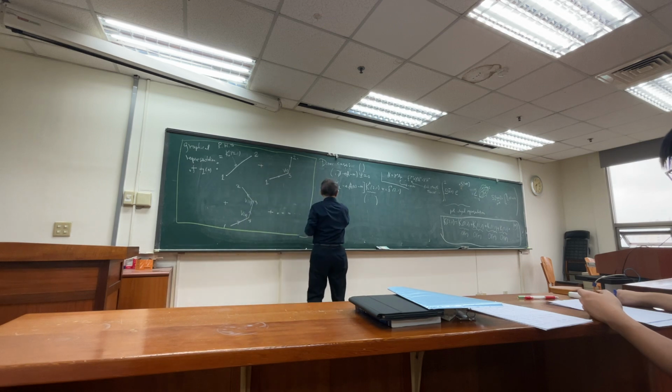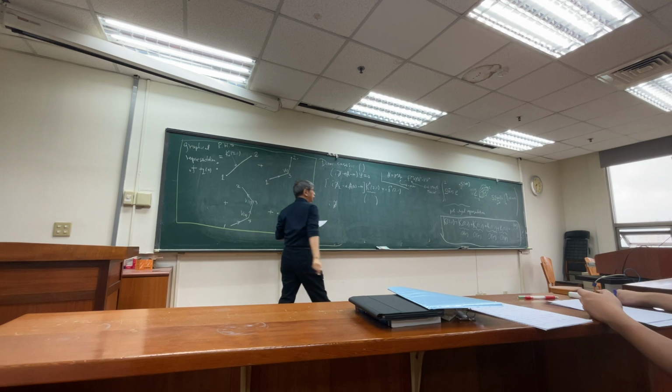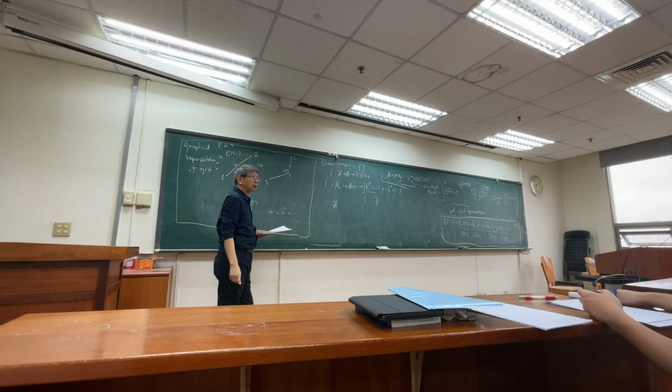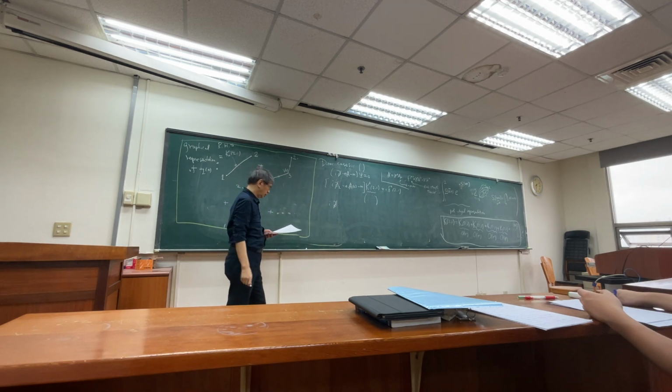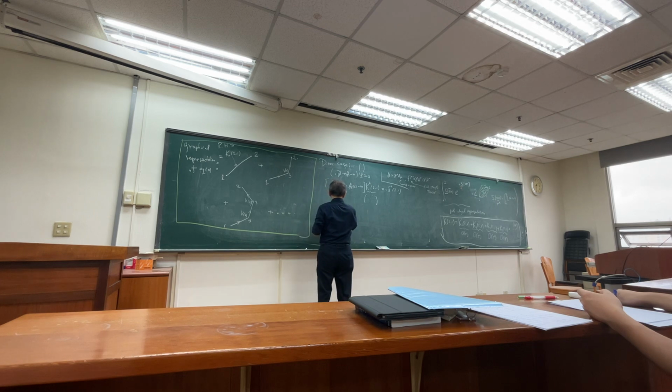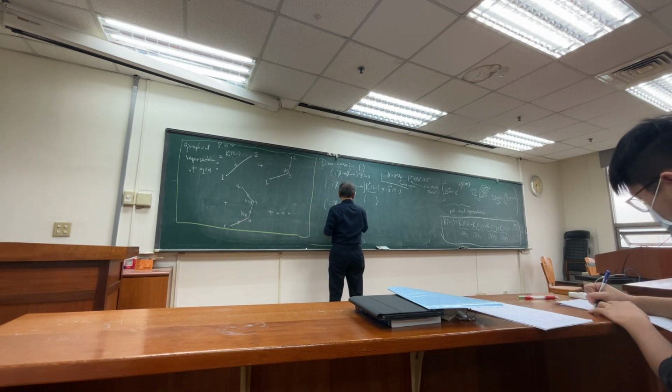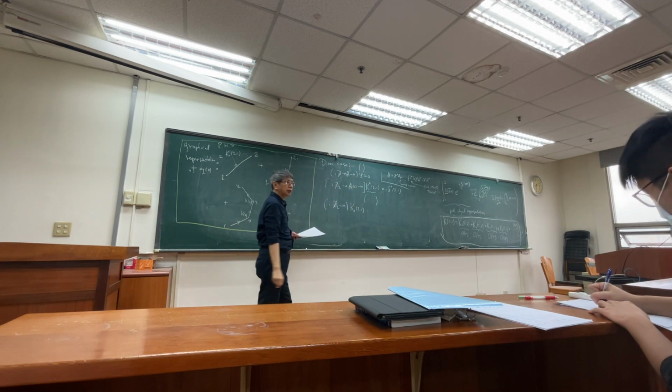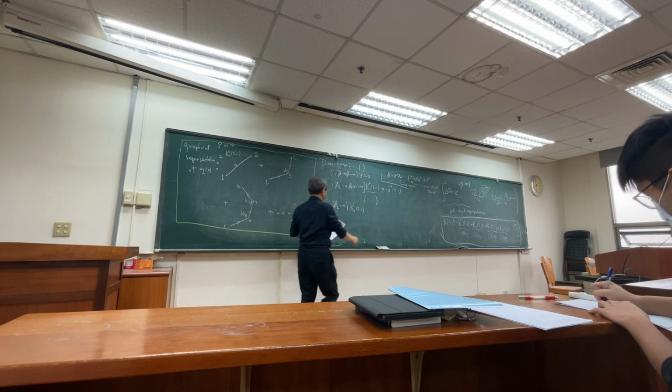And similar to what we had in the Schrödinger case, we also define a free propagator for the Dirac particle. Let me write it as before, K0, K0 to 1.